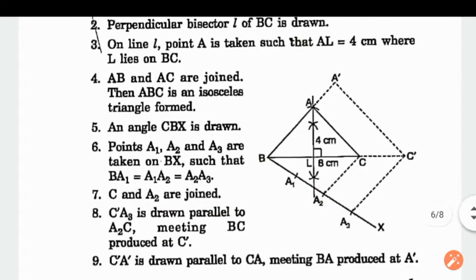Now take A3, because in the scale factor we have 3 by 2. So from A3 draw a line through the point A3 which is parallel to A2C.